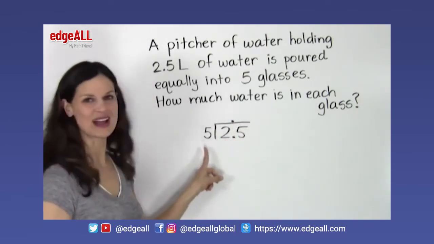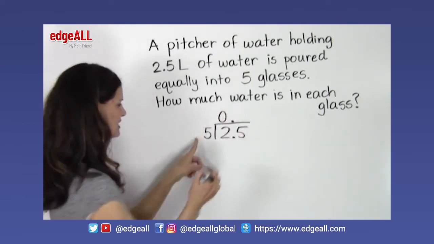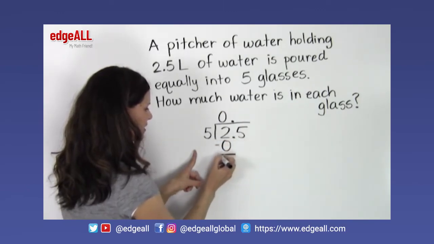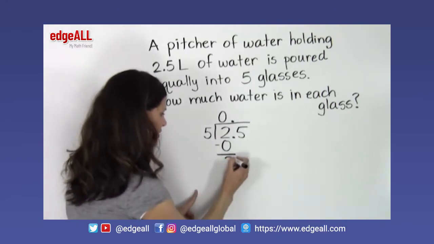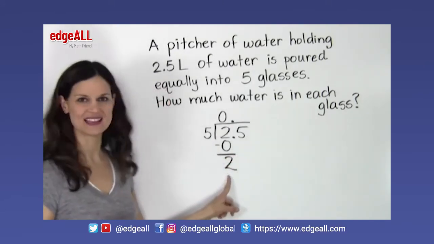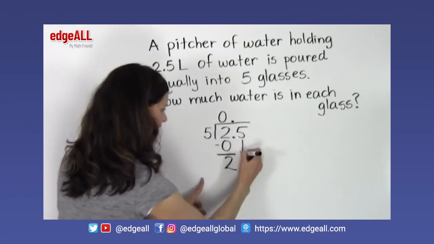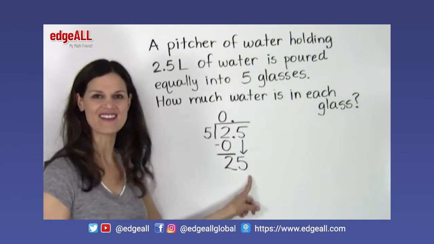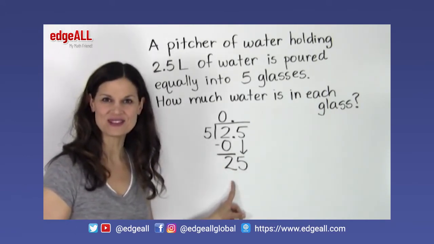So 2 divided by 5 is 0, and I place the 0 here. 0 times 5 is 0. Place my 0 here and subtract that from 2. So 2 minus 0 equals 2. Place my answer 2 there, and then I bring down the 5 from here. And I now have 25 divided by 5. 25 divided by 5 equals 5.